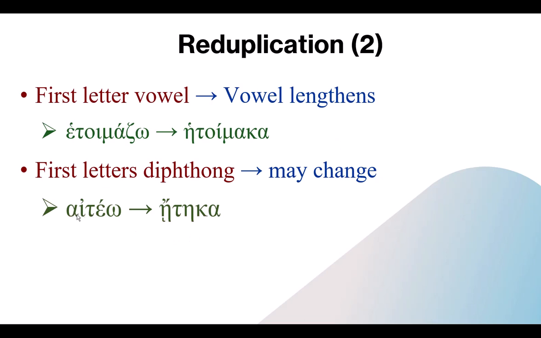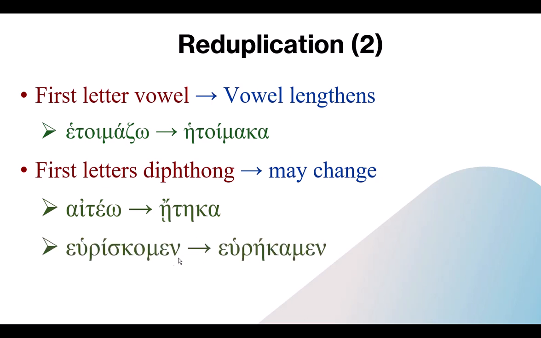In this case, the alpha iota changes to an eta with an iota subscript, ateka. For heuriskamen, which would be the verb heurisko in the first person plural, notice that there is no change, the vowels don't lengthen, and we just get heurekamen. So in some cases, a diphthong will lengthen, some cases it won't.